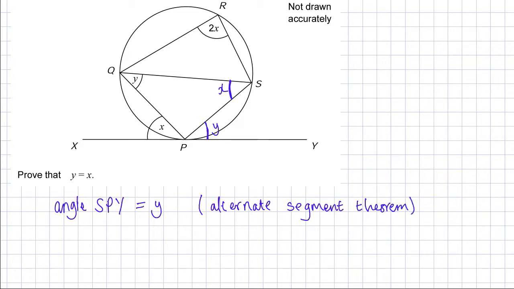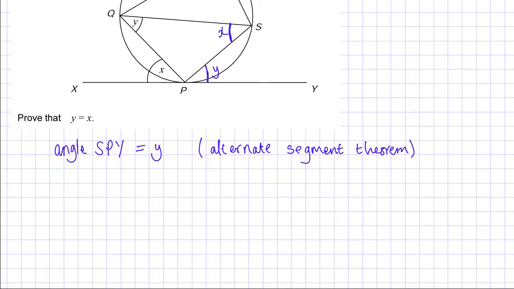Okay. And then I did say this one as well, but I'm not going to use this one actually. I'm just going to use this angle and that angle and say that angles on a straight line add up to 180. I'll make an equation and then see where that takes me. So this angle here, angle QPS plus 2x, should equal 180. So let's write that down.